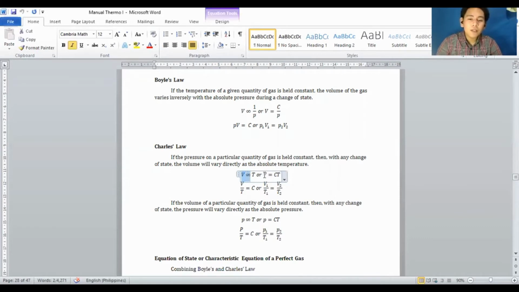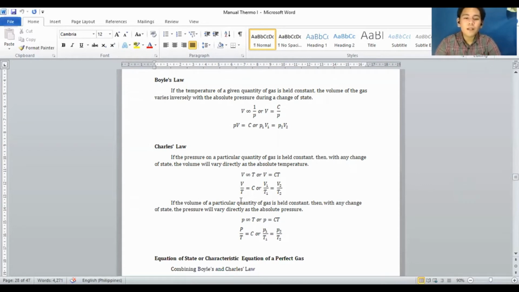Adding the constant, we yield this equation: volume over temperature equals C, or simply V1 over T1 equals V2 over T2.